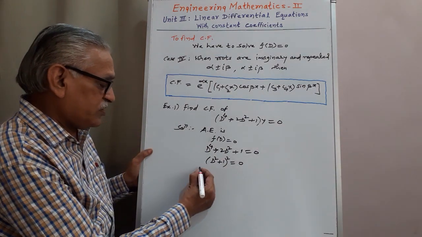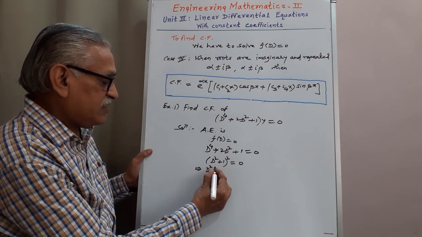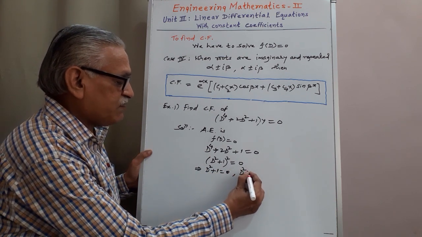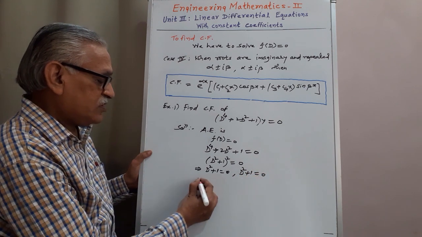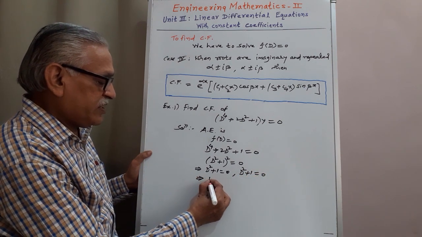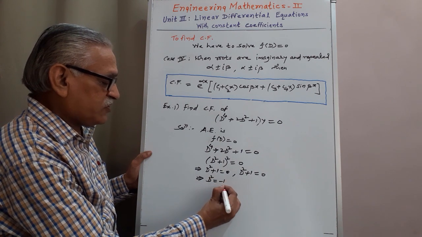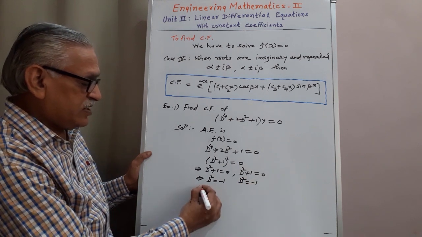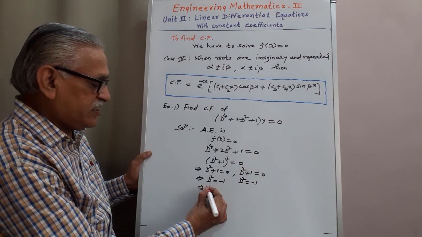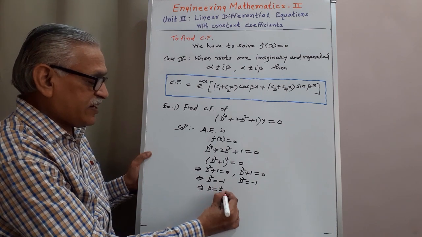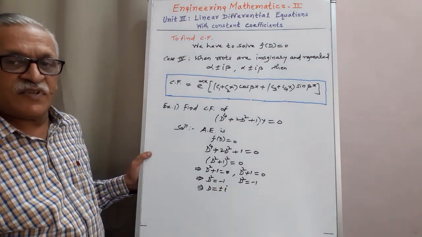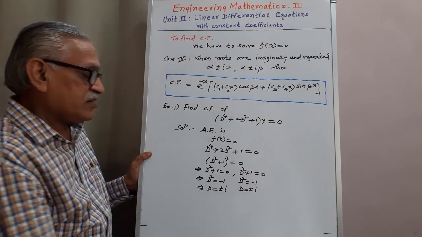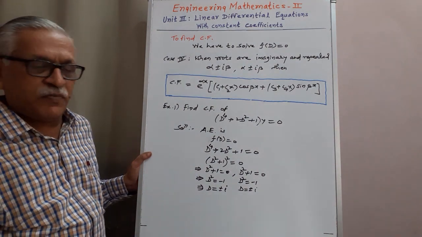Then equating each to 0, we get D square plus 1 equals 0 and D square plus 1 equals 0. Solving it, we get D square equals minus 1 and D square equals minus 1. Taking the square root on both sides, D equals root of minus 1, which is imaginary i, so D equals plus minus i. Therefore, we get imaginary roots but a repeated one.